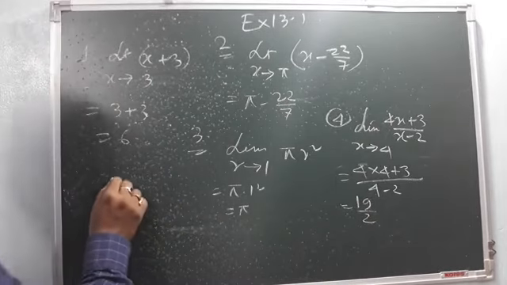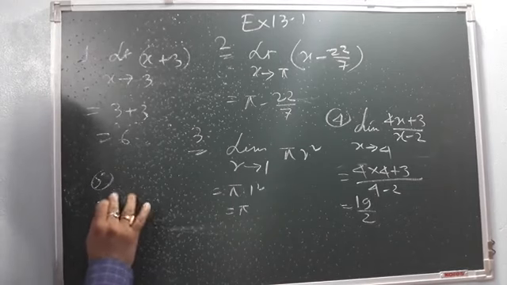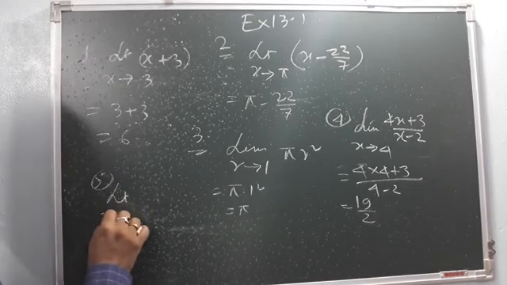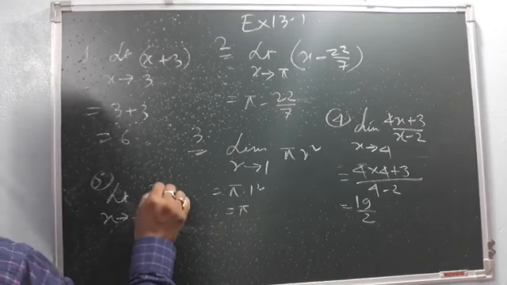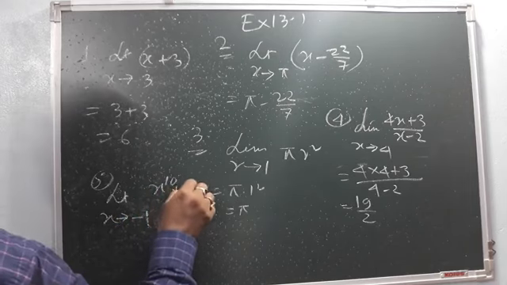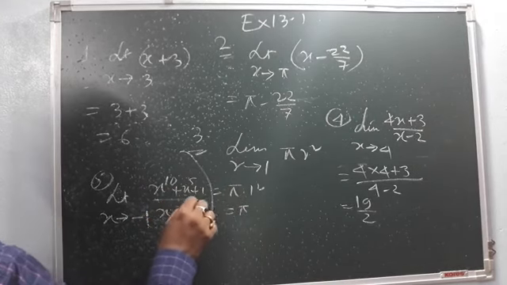If we want to do question number 5, limit x tends to minus 1 of x to the power 10 plus x to the power 5 plus 1, divided by x minus 1.